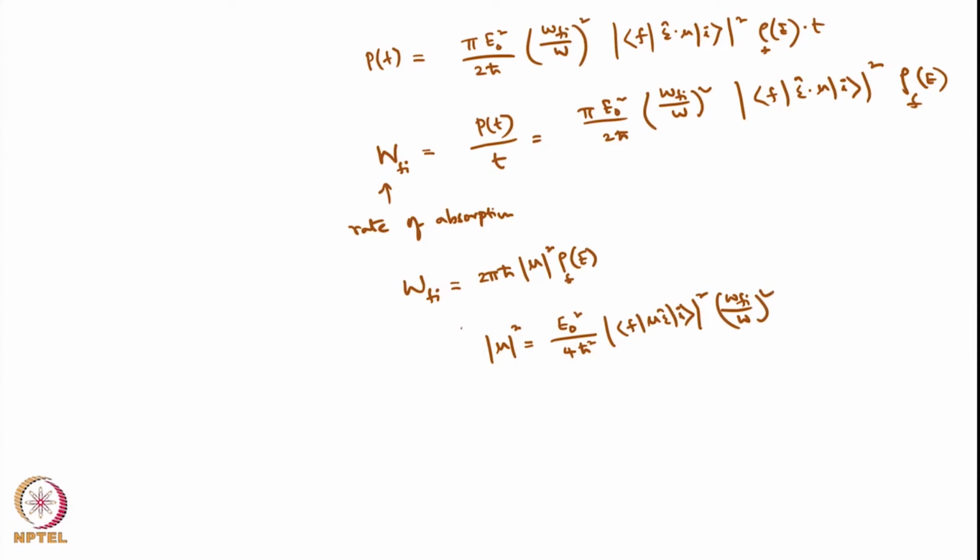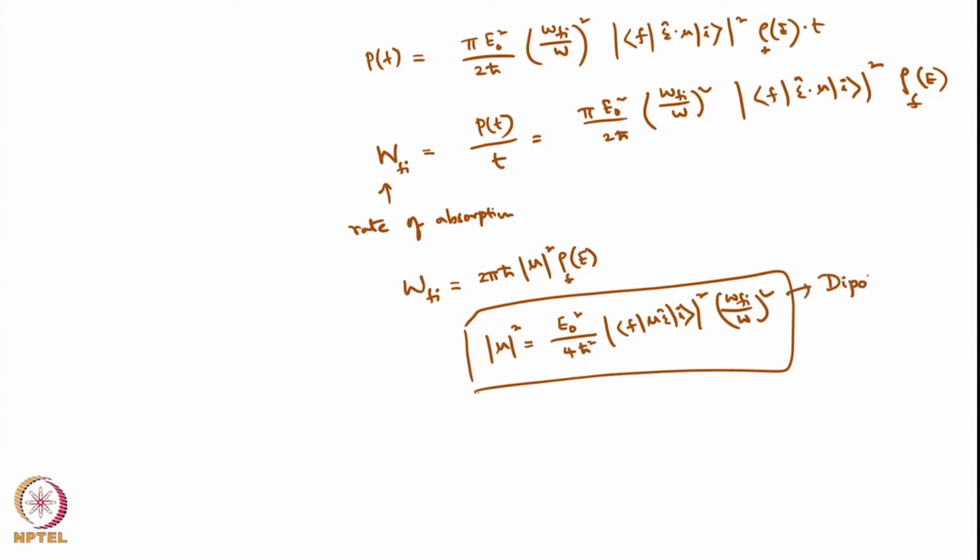This is called the transition dipole. By the way, that was the TMI, the transition moment integral. So this is called the transition dipole, and the transition dipole is defined like this.